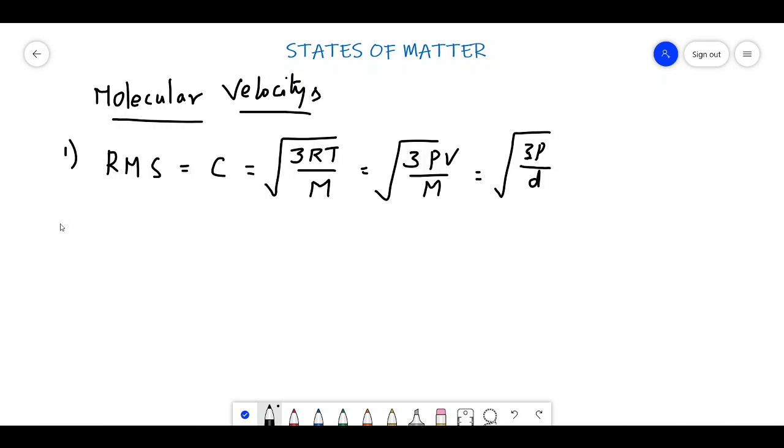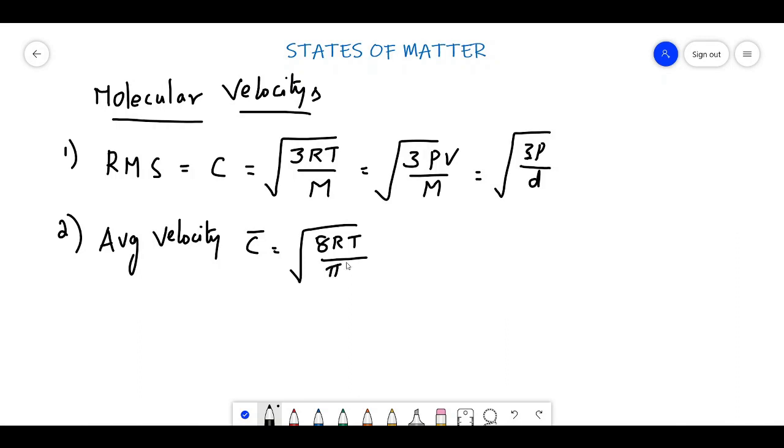Next, the second one is average velocity, which is denoted by C bar. Average velocity C bar is equal to under root of 8RT by pi m, or you can also take this as under root of 8PV by pi m, and this can also be taken as under root of 8P by pi d. That's all.